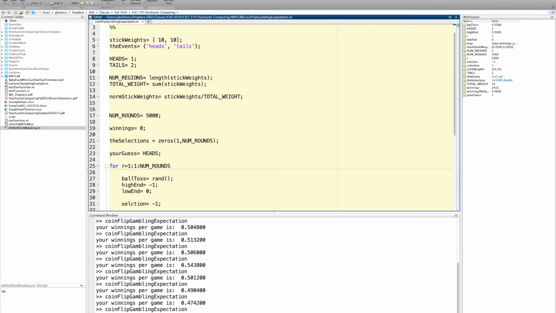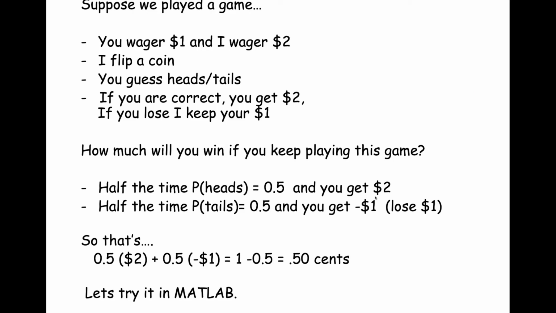And so let's go back to the PowerPoint, meet you at the PowerPoint. And what we saw, as the number of rounds gets bigger and bigger and bigger, while from one round to the next, it might be a little bit above or below 50 cents, the amount of wiggle, as it were, gets smaller and smaller and smaller as you increase the number of rounds.